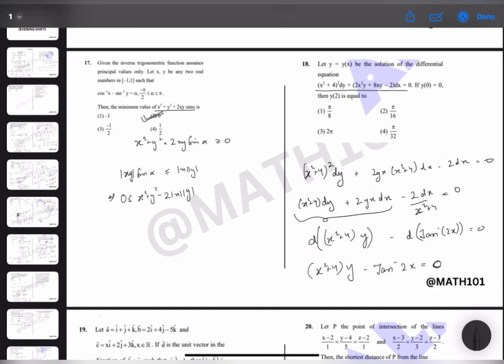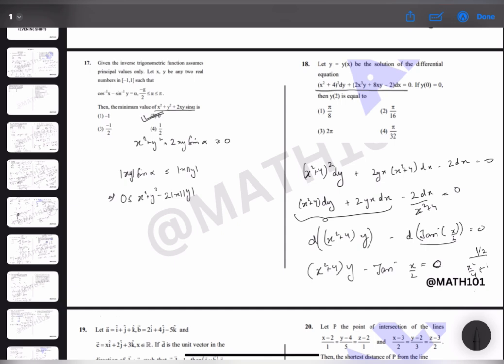At x equals 2, oh wait, this is tan inverse of x by 2, yes, this is basically this, because the derivative of tan inverse of x by 2 is 1 upon (x square by 4 plus 1) into half.